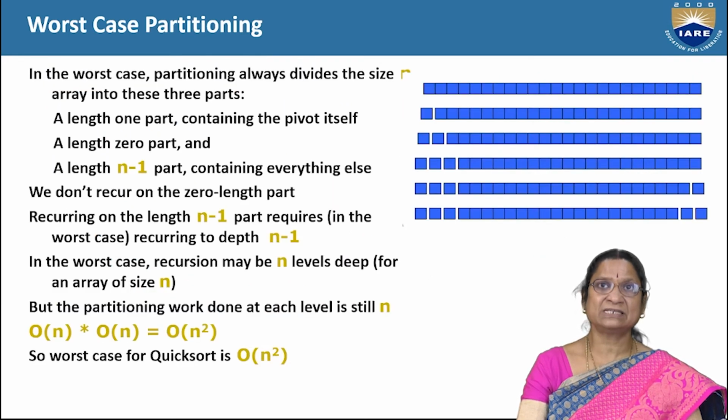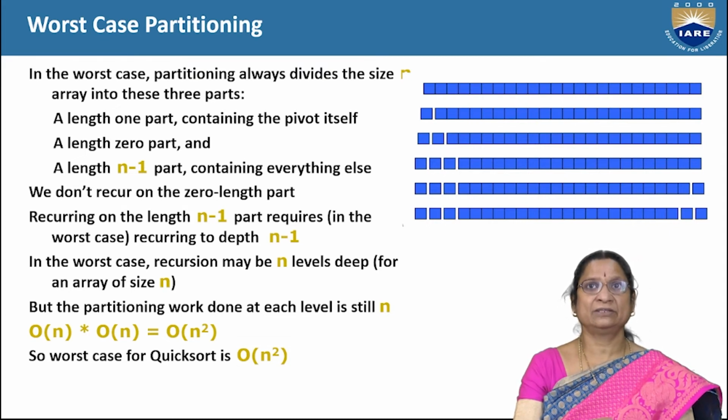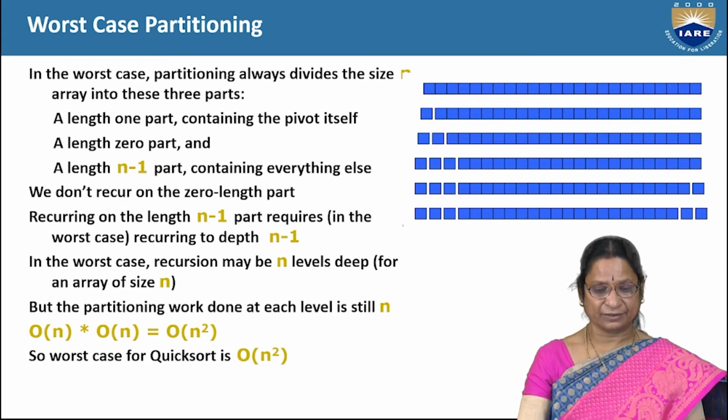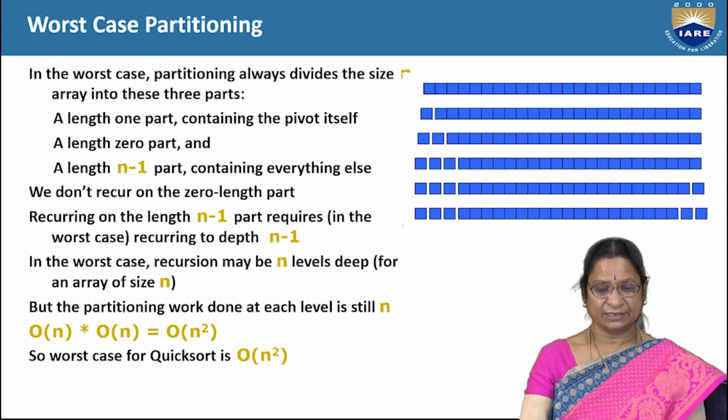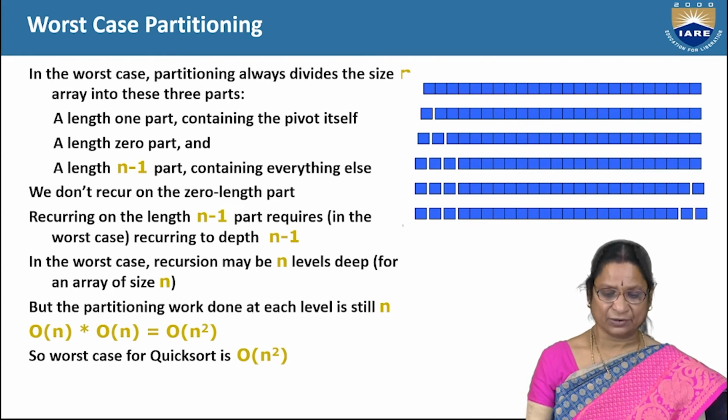So worst case partitioning always divides the array into three parts: a part of length one containing the pivot element itself, a part of length 0, and a part of length n minus 1 as the other part. We don't recur on the 0 length part. Recursion is always done on the n minus 1 part only.